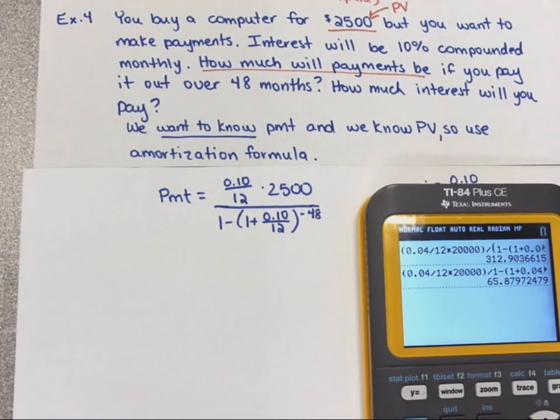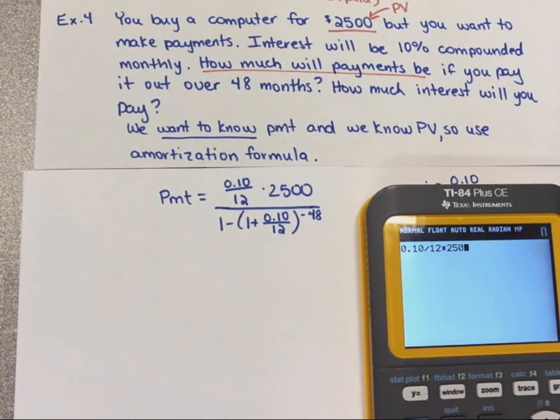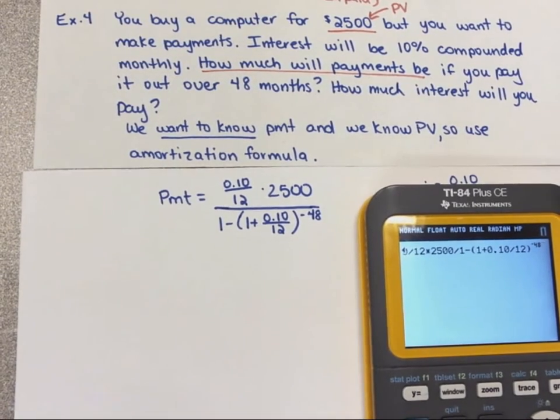Okay, so let's punch it in. So 0.10 divided by 12 times 2,500 divided by 1 minus 1 plus 0.10 divided by 12 raised to the negative 48.